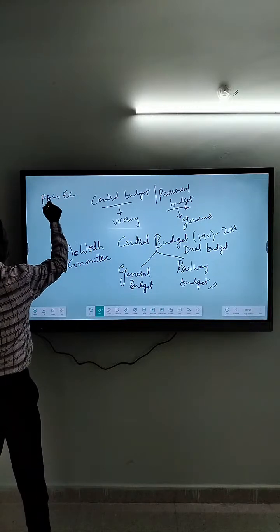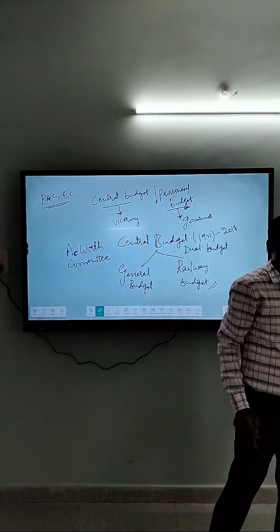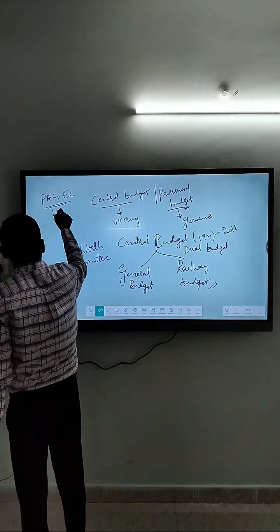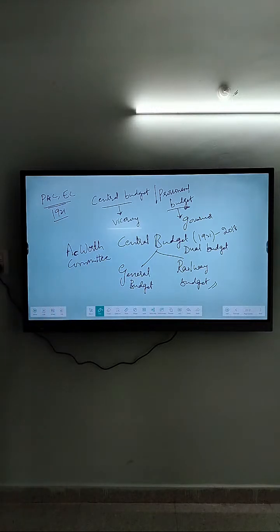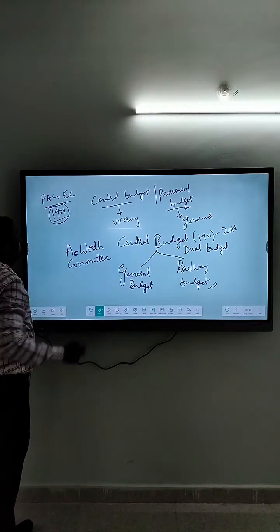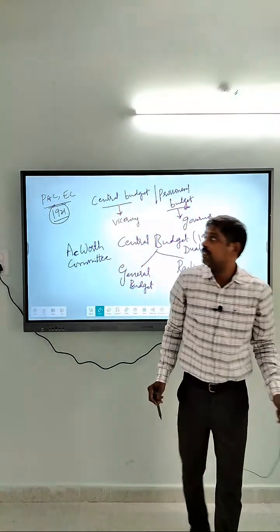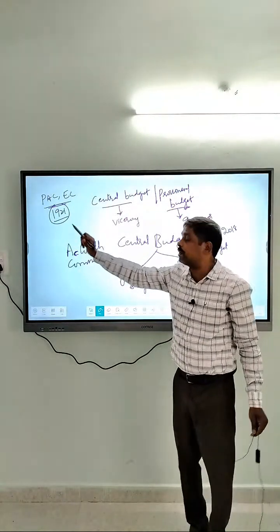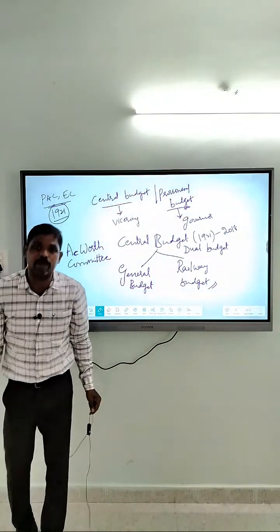Both these committees were created according to the 1919 Act, and they came into existence in 1921. These are the major changes. Both, remember, the Public Accounts Committee and the Estimates Committee are legislative committees.